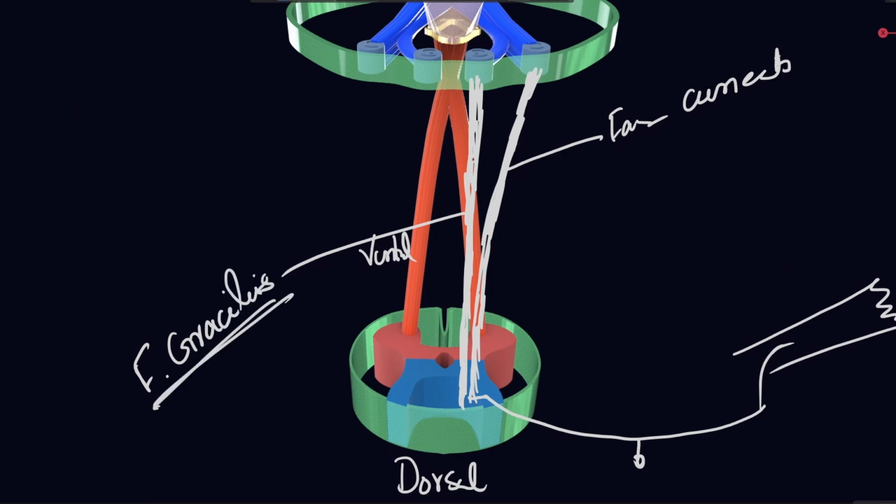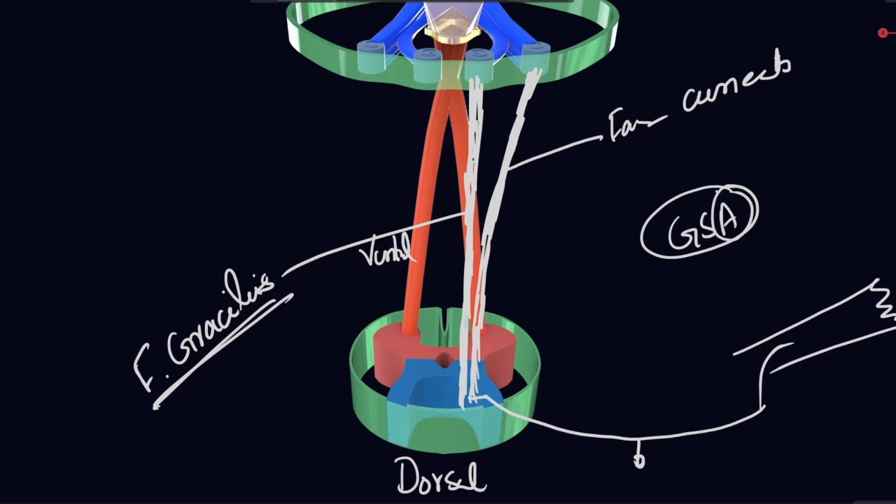So now the point is that it is taking the general somatic type of sensation from the upper and lower limb. So general somatic type of sensations, such type of nuclei, generally they are derived from what?